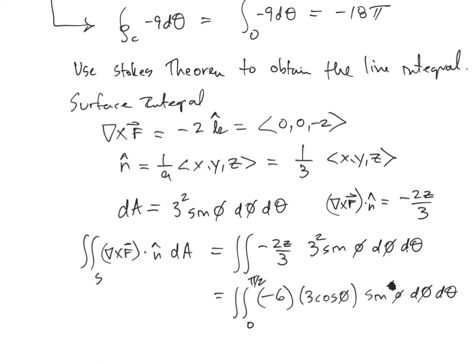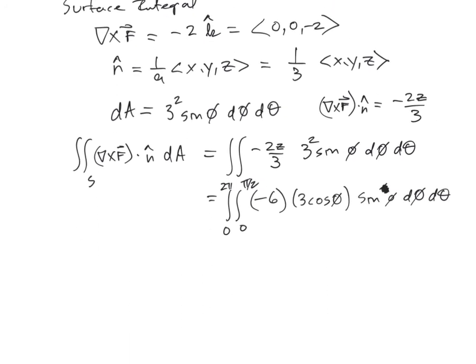Theta, I have to go all the way around, right, to get the whole half of the sphere, 0 to 2 pi. Okay, that's not a hard integral, because I can do a simple substitution, because the derivative of sine is cos, so you can do that pretty simply. And that turns into a very easy integral, negative 18 pi. So I get the same thing.